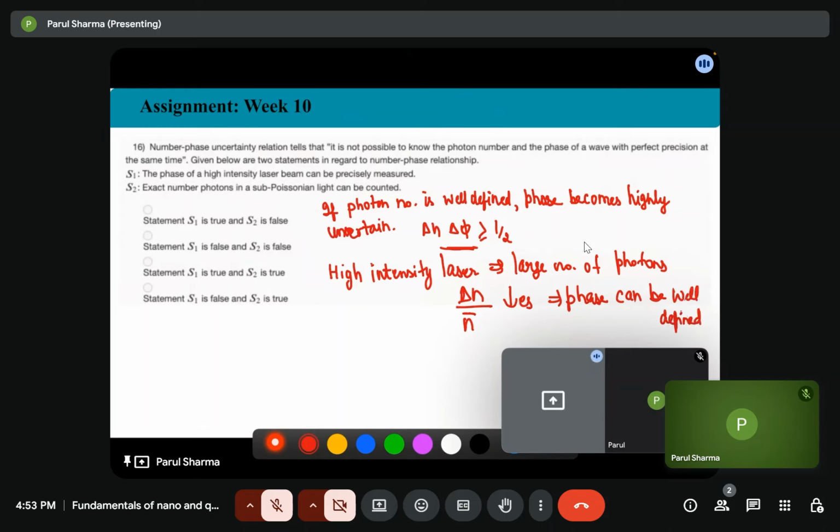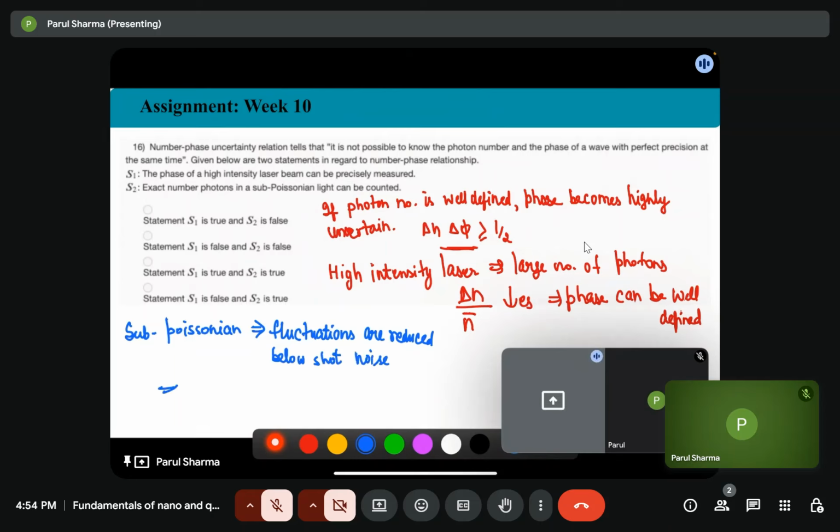About the second statement, if we have sub-Poissonian light, it means fluctuations are reduced below shot noise.